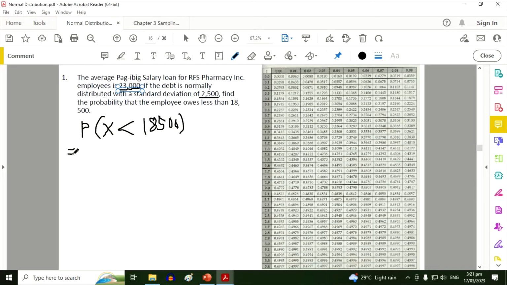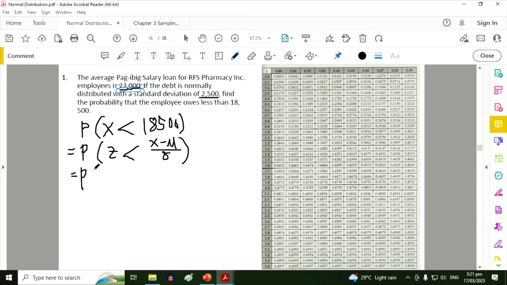So we will transform this into the standard normal distribution. We will transform x to z using the formula x minus mu over the standard deviation.